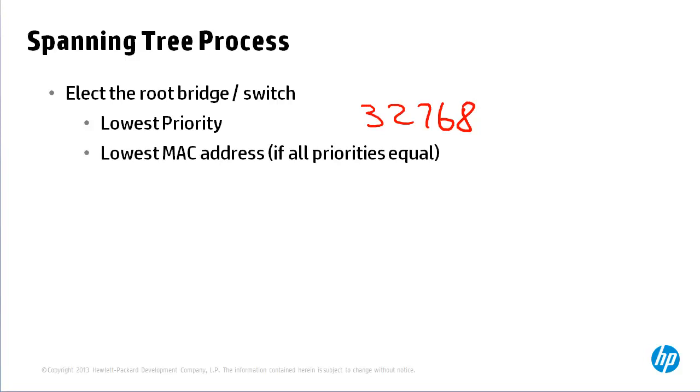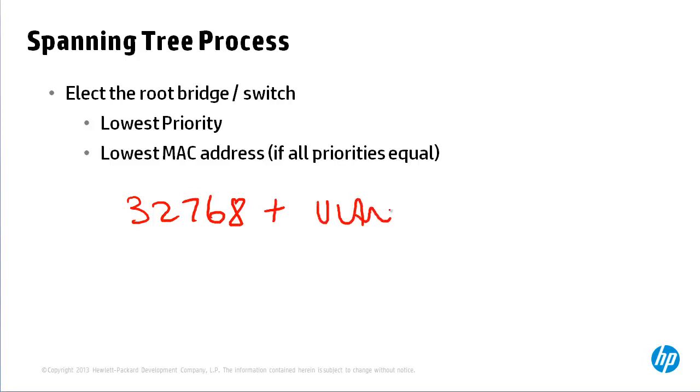So if the priorities of the devices in the layer 2 topology are the same, the lowest MAC address is used as a tiebreaker. Now the priority can vary with certain implementations of spanning tree. In 802.1d, the priority is always 32768. But on per VLAN spanning tree or PVST, the priority is by default 32768 plus the VLAN number.